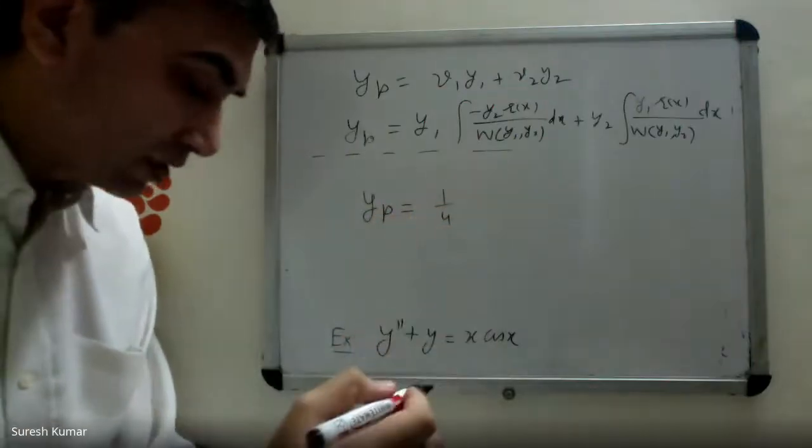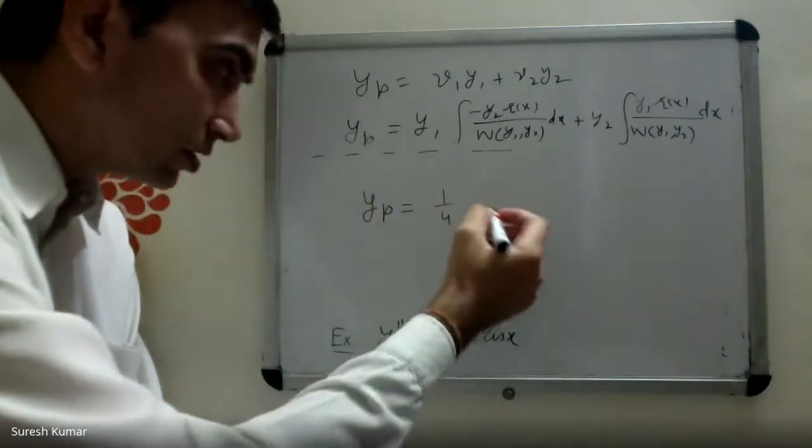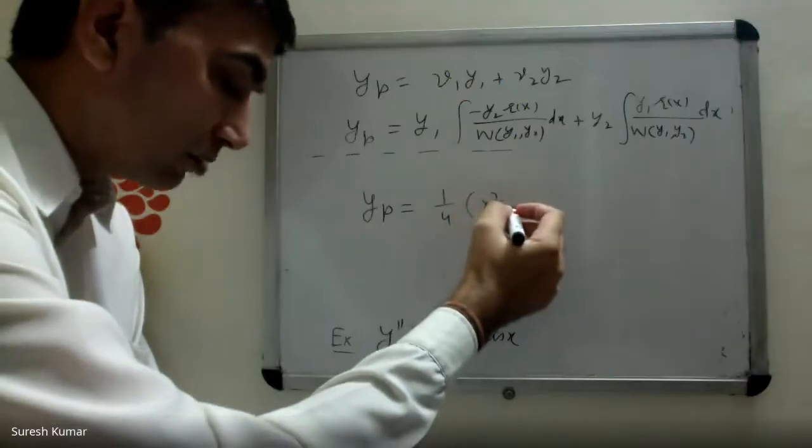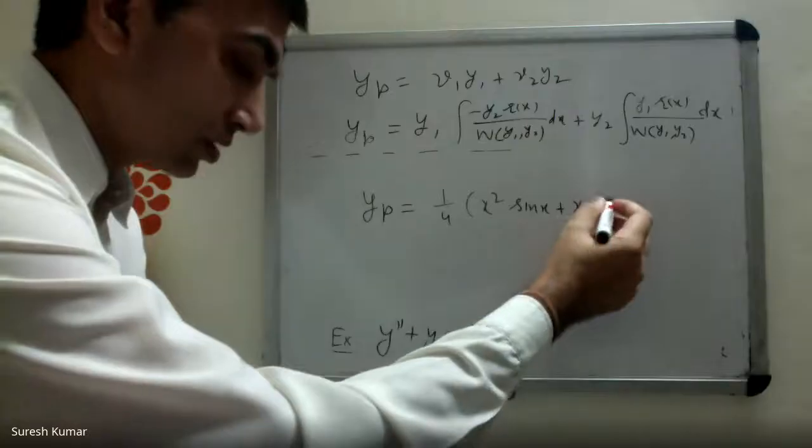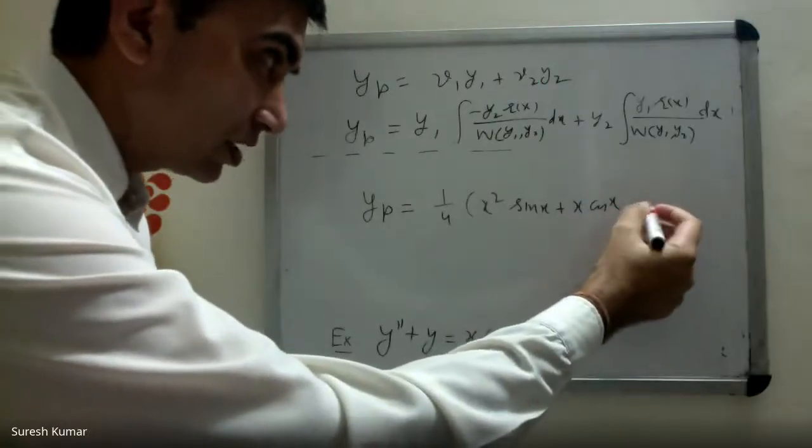Okay, I'm writing answer. You just tell me whether it's correct. 1 by 4 x square sin x plus x cos x minus sin x.